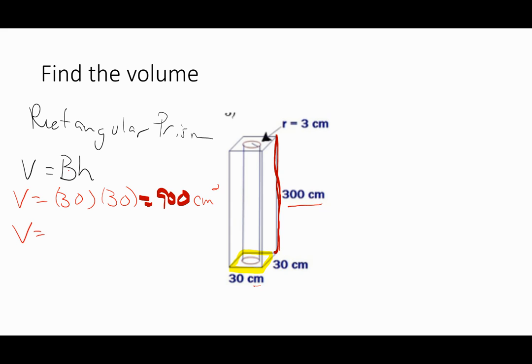So the volume is the area of the base, which is 900, times the height, which is 300. And that puts us at 270,000 cubic centimeters.